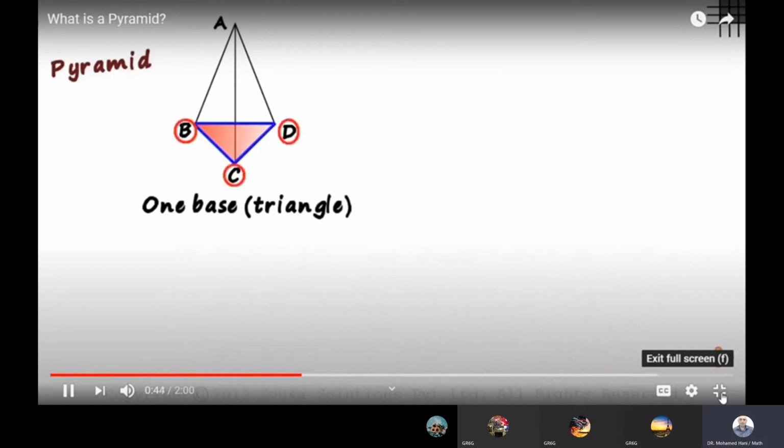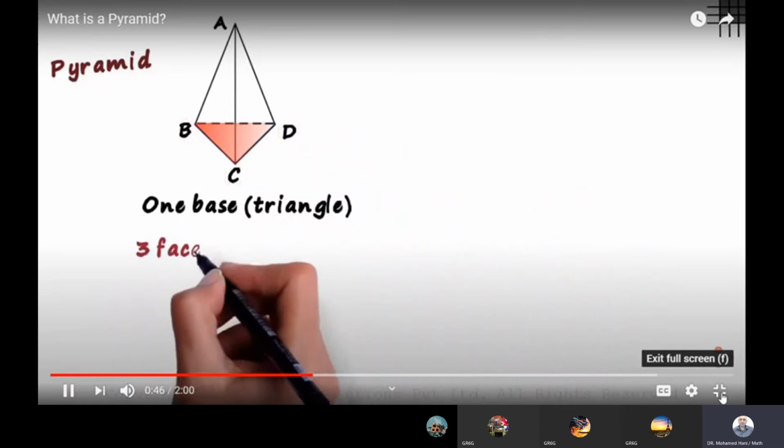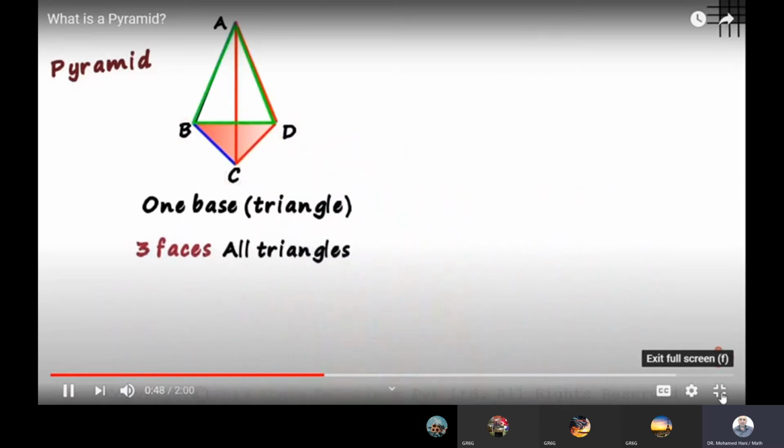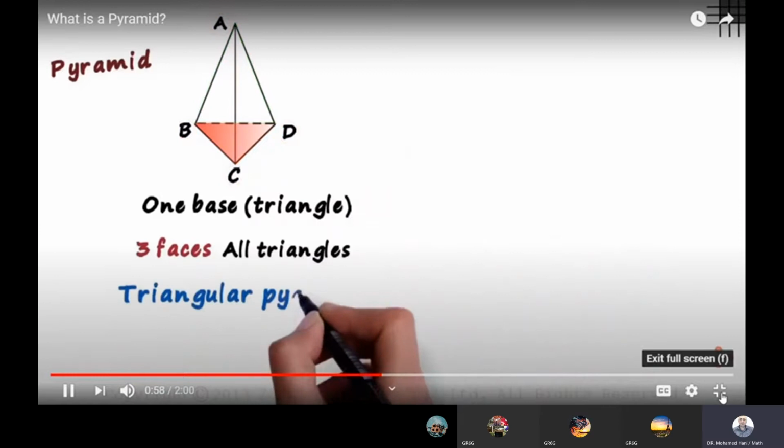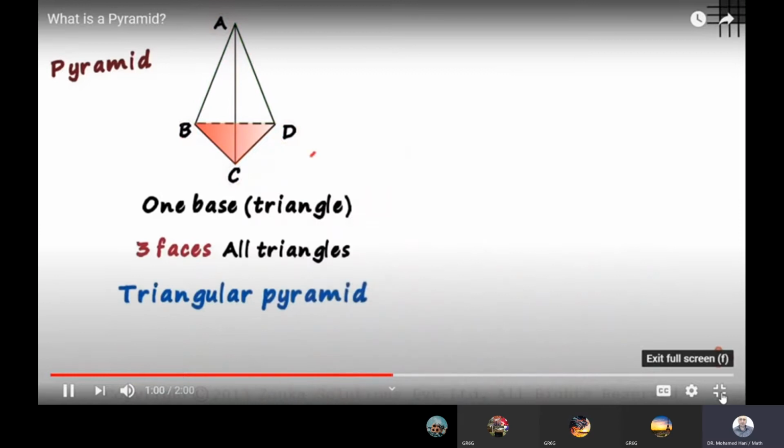It's triangle BCD. It has 3 faces and all of them are triangles. The 3 triangles are ABC, ACD and ABD, which is at the back. This is called a triangular pyramid. It's called that because its base is a triangle.